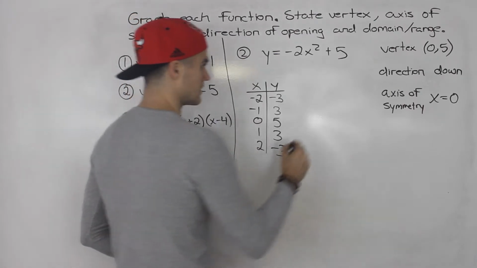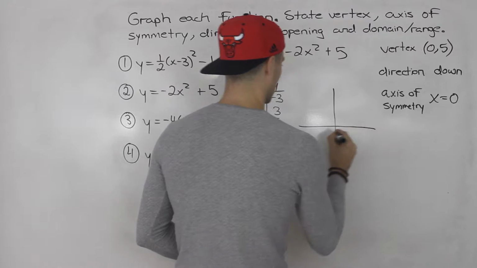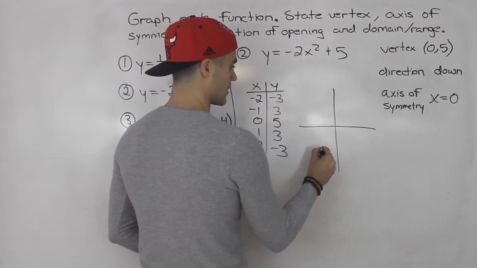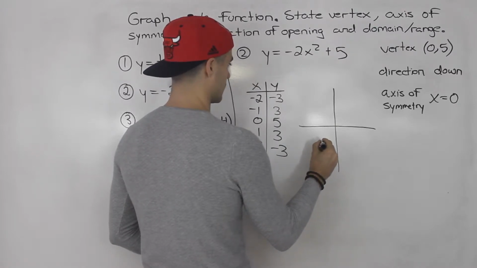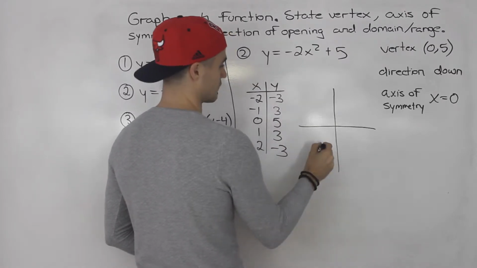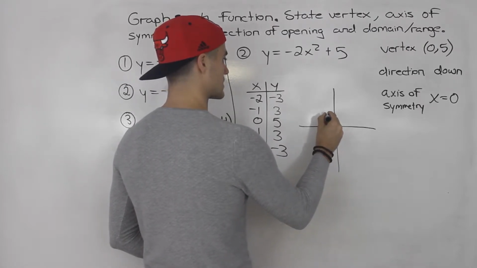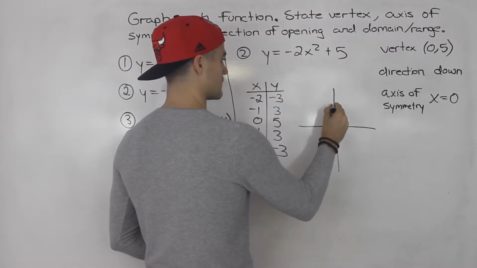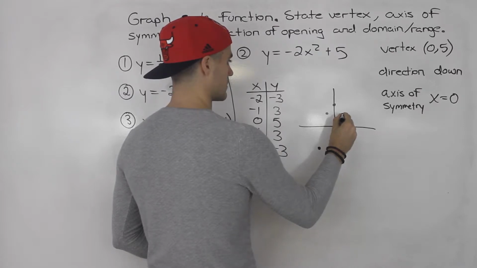So if we take these here and we graph them, -2 and -3, that's like down here. -1 and 3, that's like over here. 0 and 5, that's up here. 1 and 3, that's here.